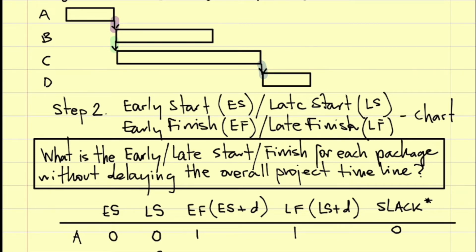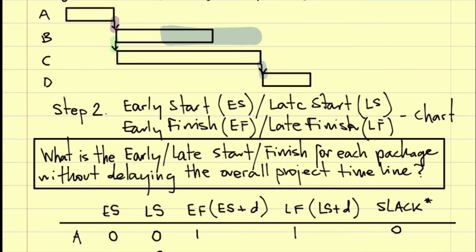This means I can delay B by 1. You see, I can put B here, and nothing happens to the overall project performance.